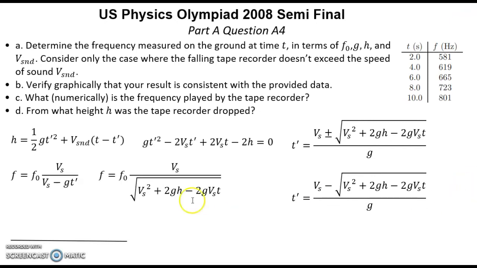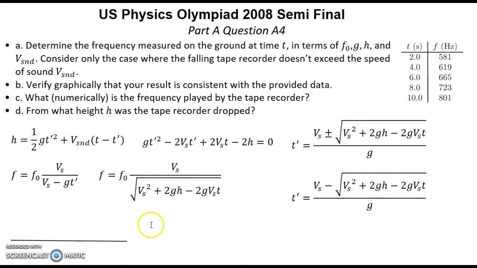Now we have an expression for frequency in terms of f0, v sound, g, h, and time. And this will be the answer for question A. Second, question B. We have to graphically verify results from this table. The best way to do it is to represent this dependency as a linear function.